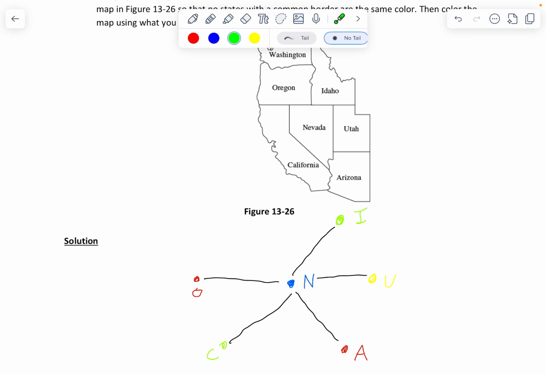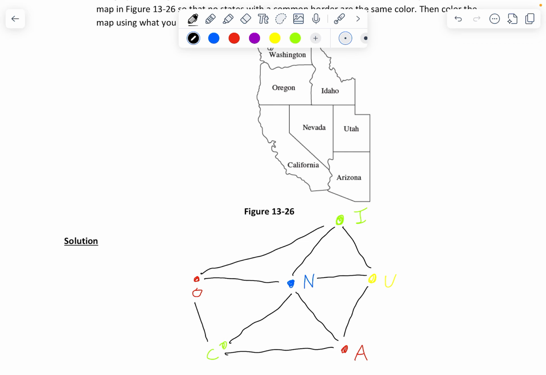Then we know that Oregon and Idaho are connected, right? Idaho and Utah are connected. Utah and Arizona are connected. California and Arizona are connected. Oregon and California are connected, right? And then we still need Washington. So Washington needs to be a color. So Washington borders Idaho and Oregon.